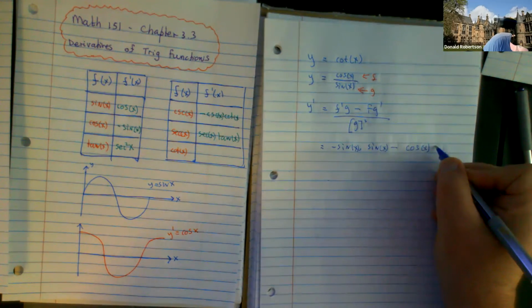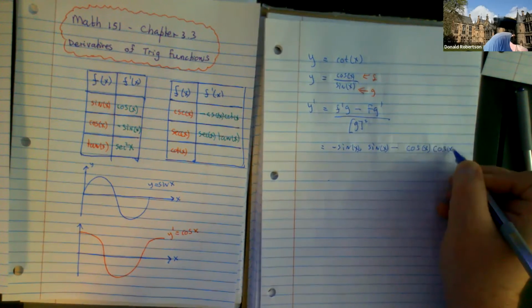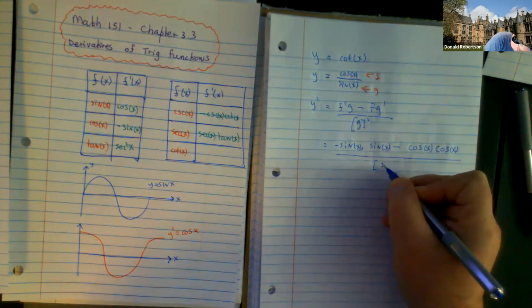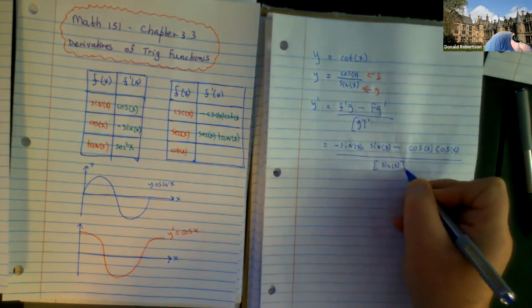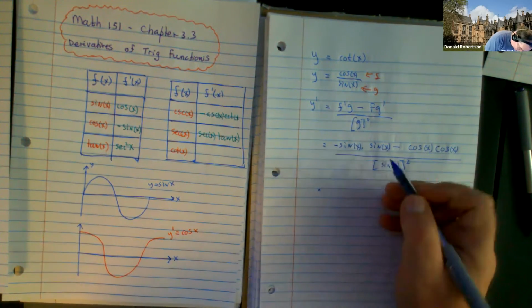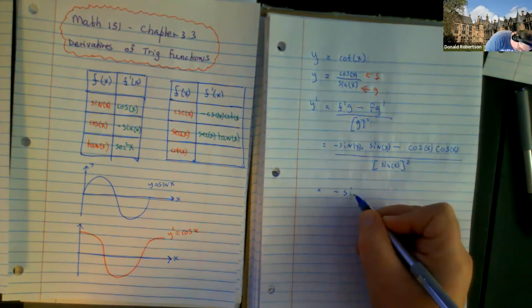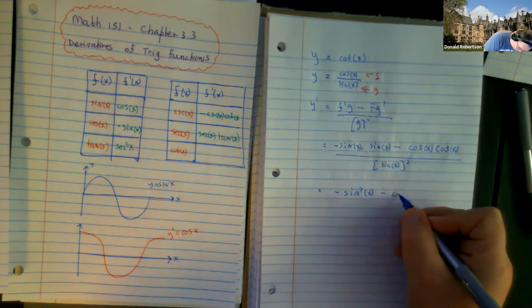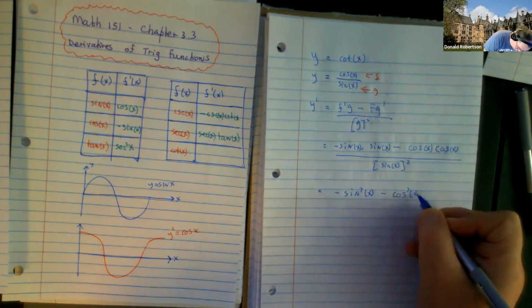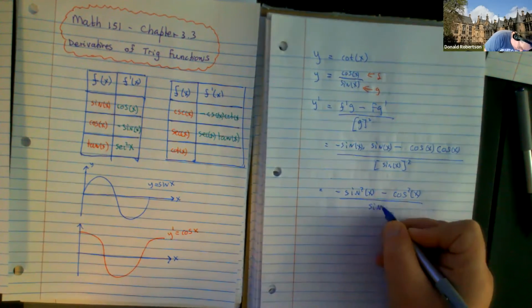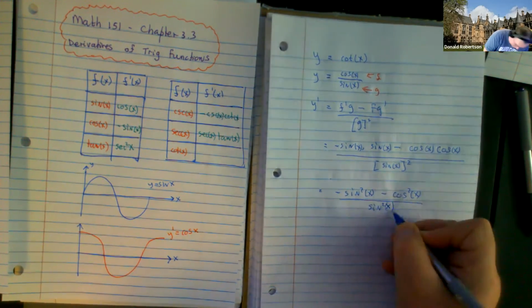Well, the derivative of sine is also cosine x. And sine x squared. Now, a negative sine x times another sine x gets you negative sine squared x. And these two guys get you negative cos squared x. And this guy is called sine squared x.